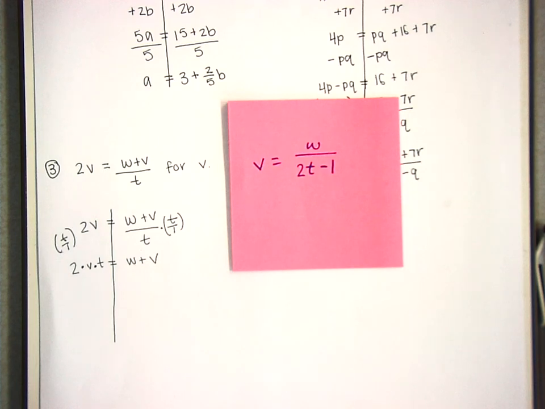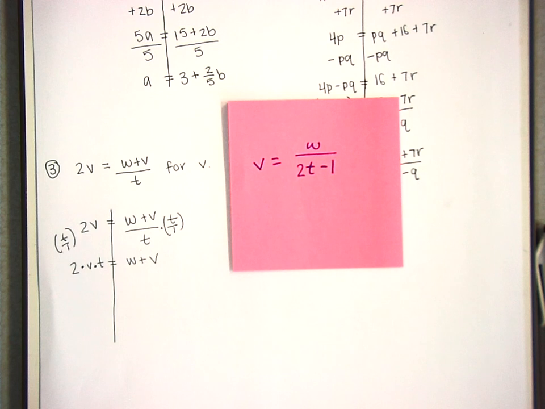So then on the left side we have V, and then on this side it's just equals. What do we have to do to this? Right, so minus.